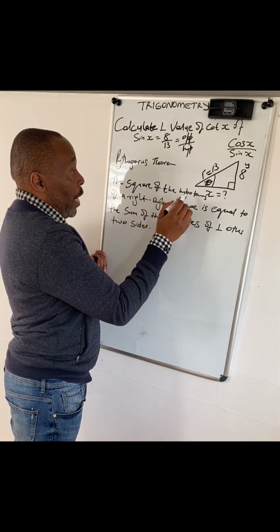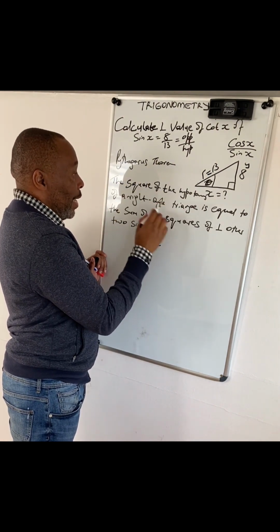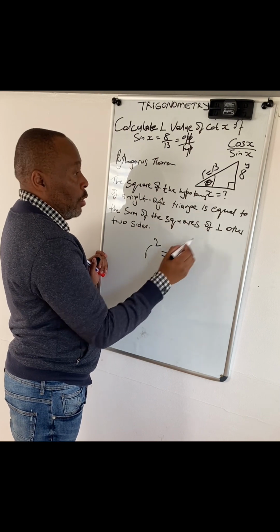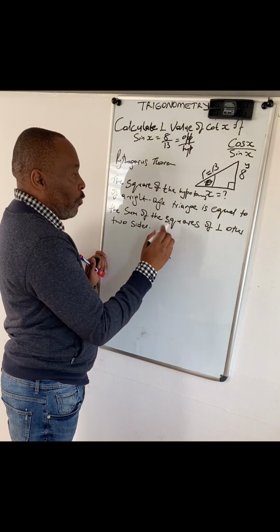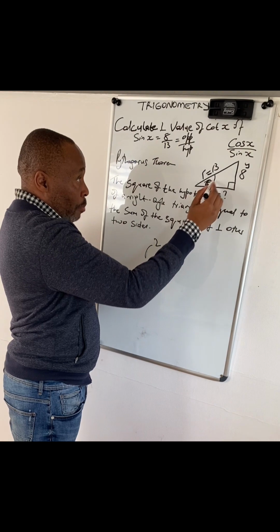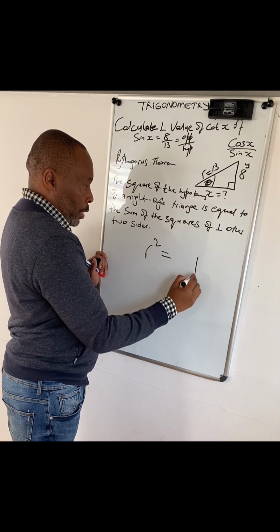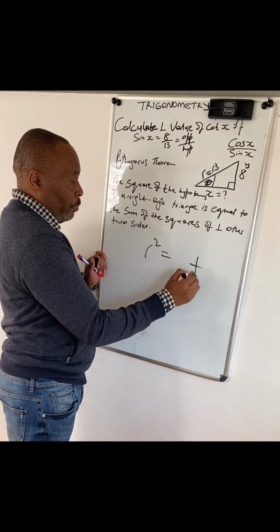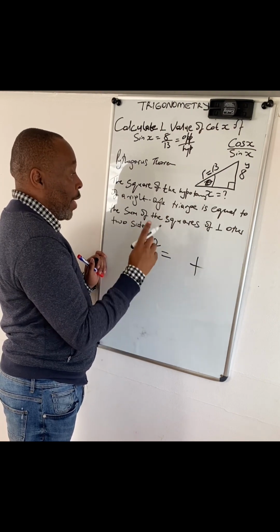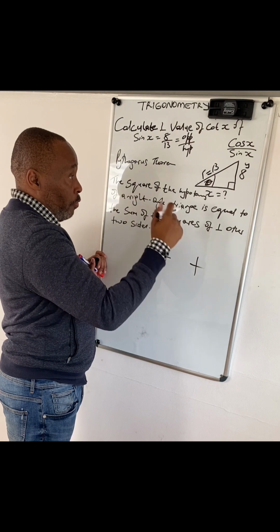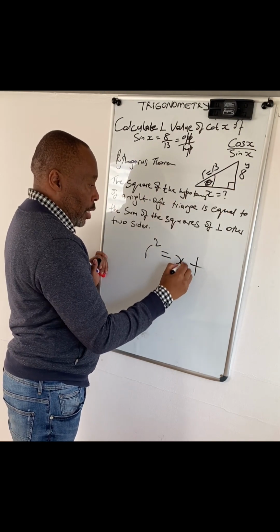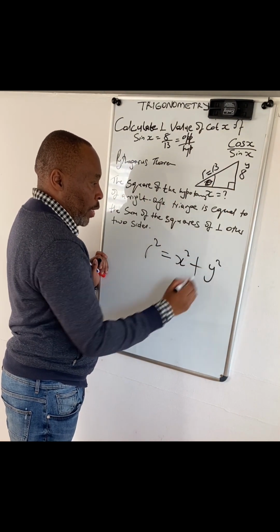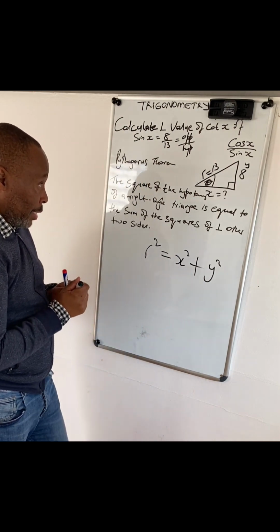The square of the hypotenuse is equal to the sum of the squares of the other two sides, which is x squared plus y squared. This is what Pythagoras is saying.